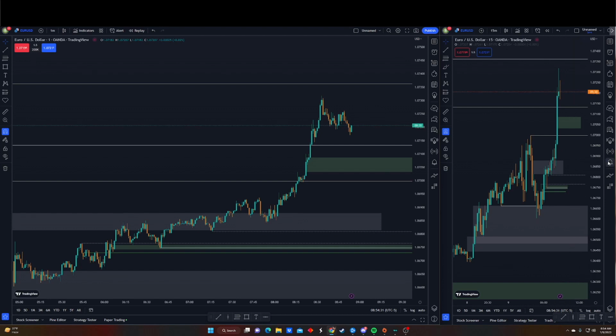Again, I'm not 100% sure we'll get inside this fair value gap. But if we do, I will consider a long, and I'd be longing for 107.362. Can't even remember my levels.